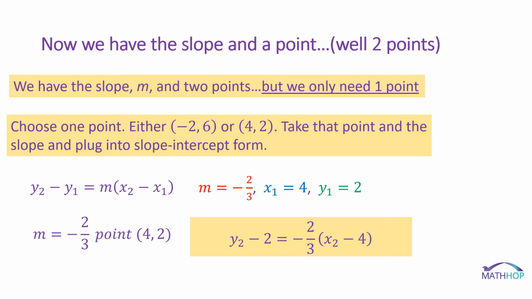Okay, just so you see where everything came from, our negative 2/3 came from our slope. Our 4, that is our x1, that is the x coordinate of the point we chose. Our 2, well, that was the y coordinate of the point we chose. Why did we choose 4, 2? Probably because it had no negatives, right? You're not going to choose negative 2,6 when you have a choice of a point with no negatives.